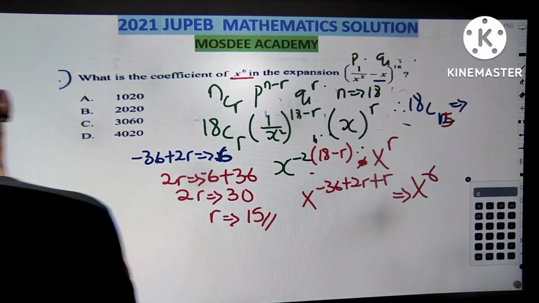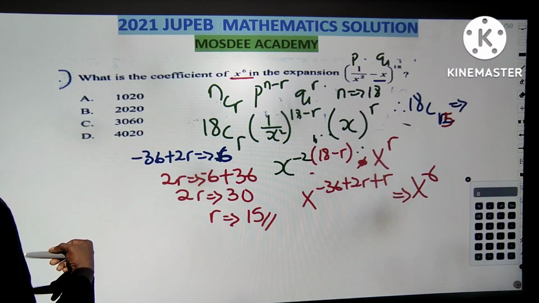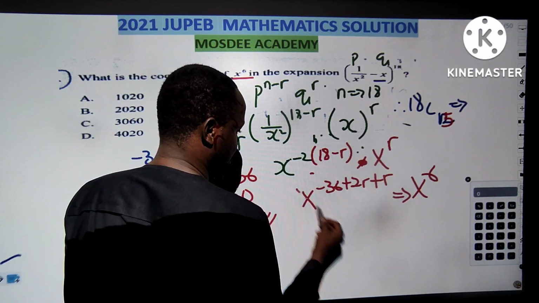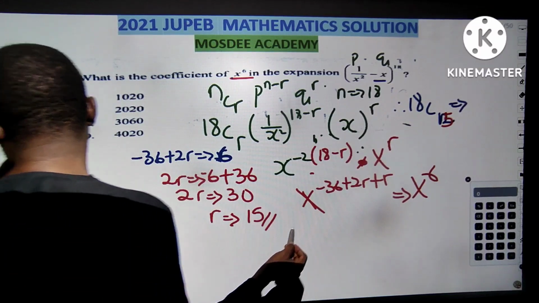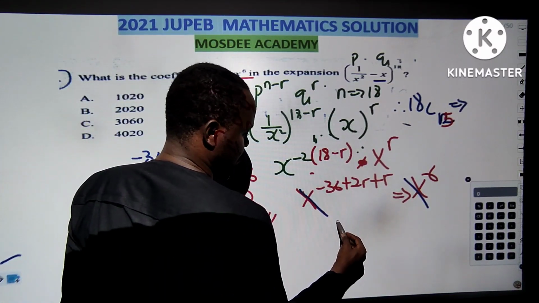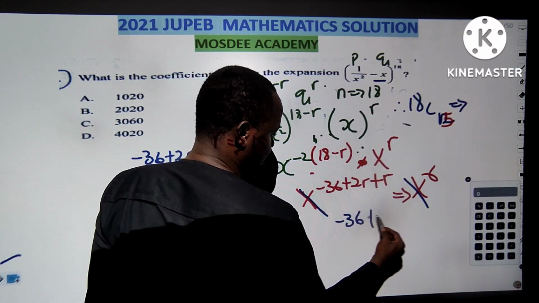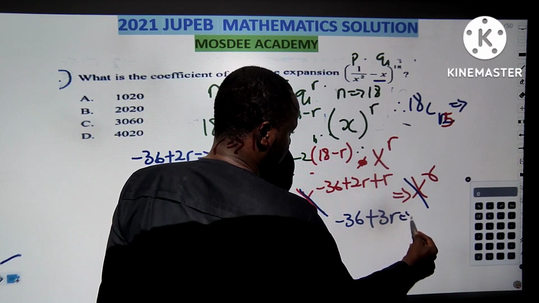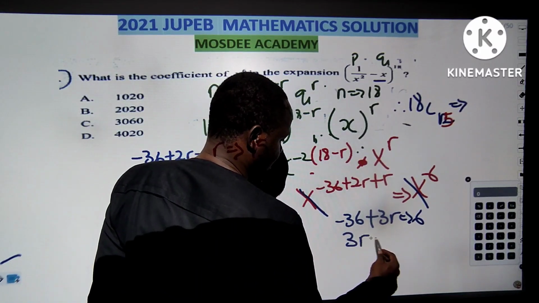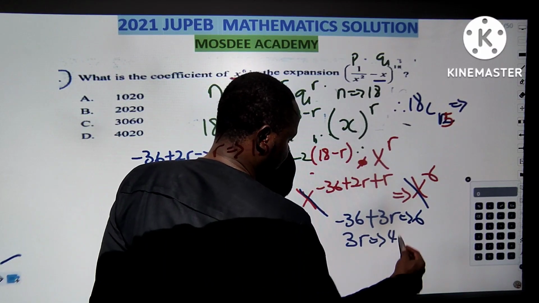Let me just continue. You can get r, which is the next thing. We equate the power. When you equate the power, it's minus 36 plus 3r is equal to 6. So we say 3r is equal to 42, I guess.